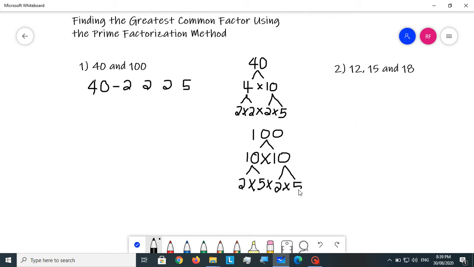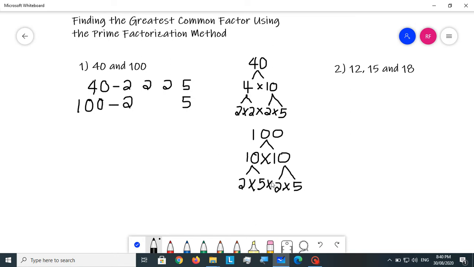Now what we're going to do for the second number, 100, is align the common prime factors to the prime factors of 40. This 2, you align it here, 2. Next, 5, align it to 5.